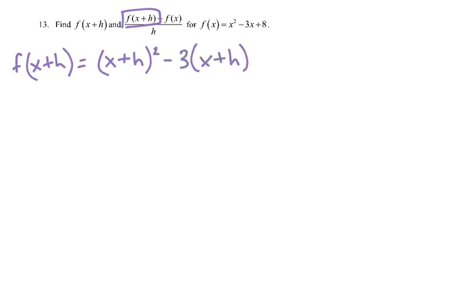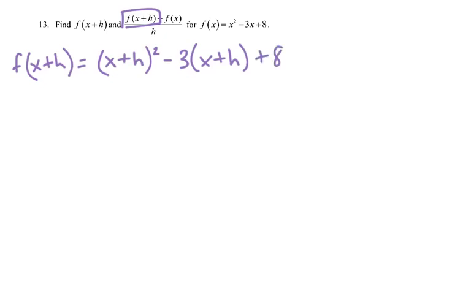Let's do the next one. Again, I'm going to color code. We have purple. So f of x plus h will equal x plus h squared minus 3 times x plus h plus 8.